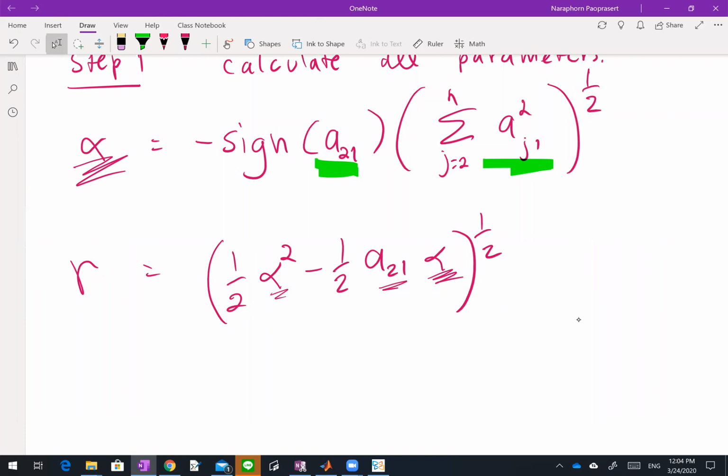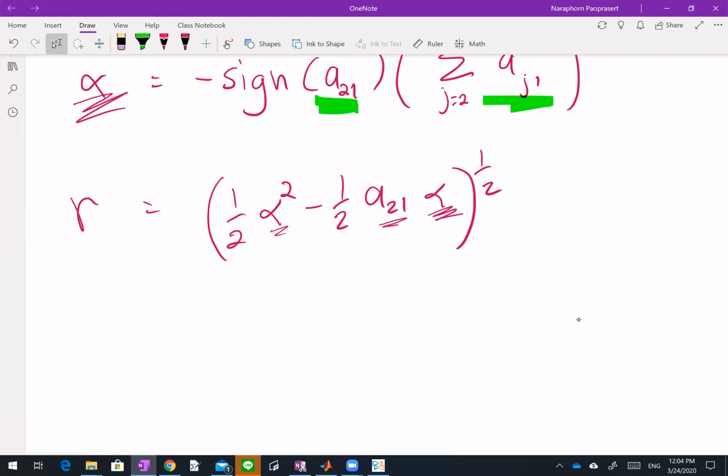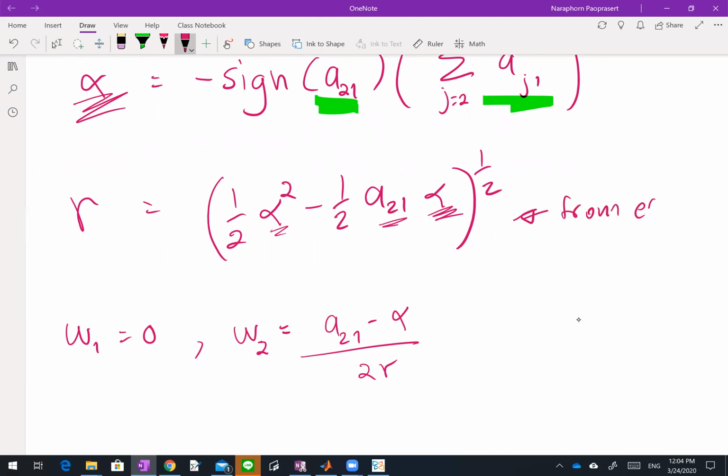After you have alpha and r, then your W1 is 0 for the first round. W2 is going to be A21 minus alpha divided by 2r. So this is from equation number 5, and this is from equation, I believe, number 1.